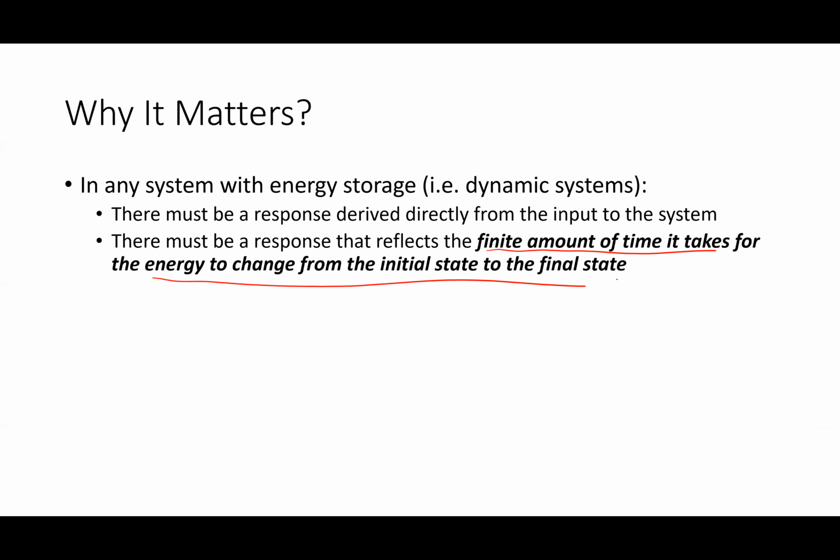And so anytime I have any real system, there's always some response that reflects this finite amount of time it takes to change. What do I call this? In math class, you had a name for it. It's the transient response. Or in differential equations, I would call this the homogeneous response.